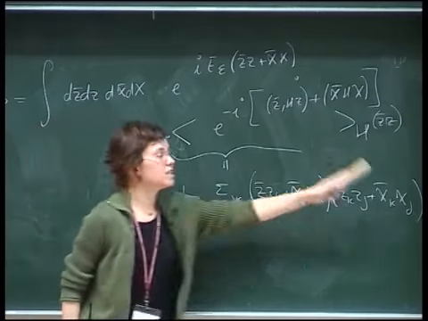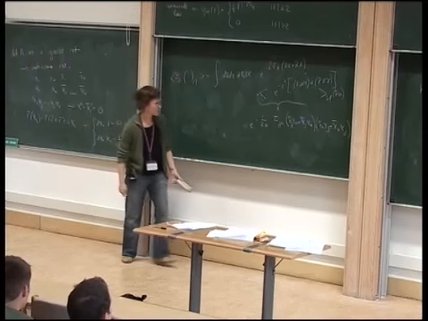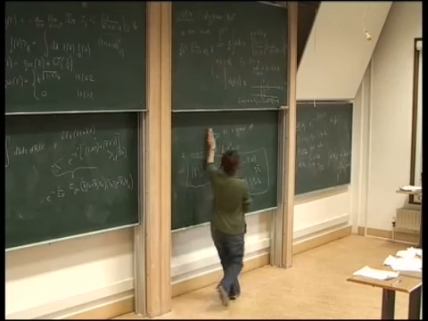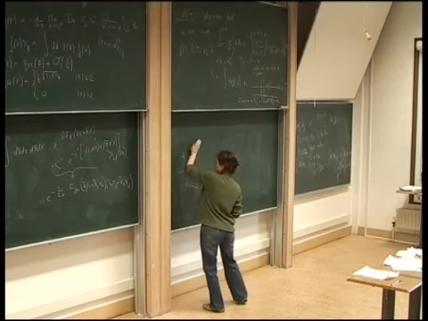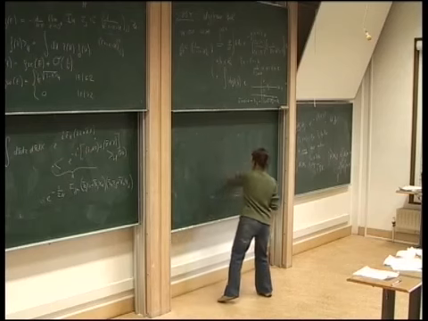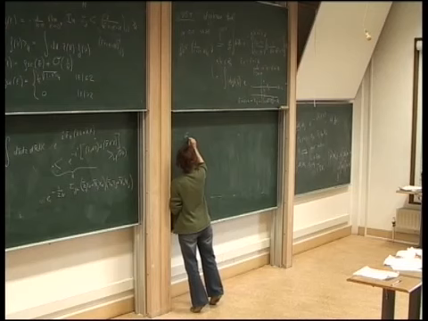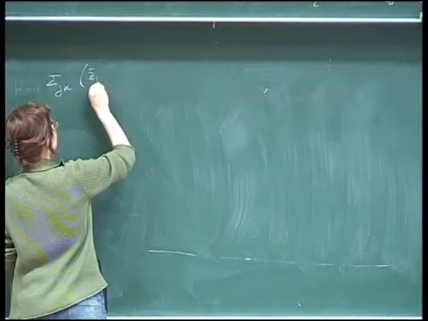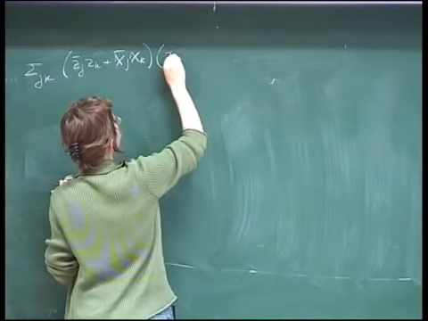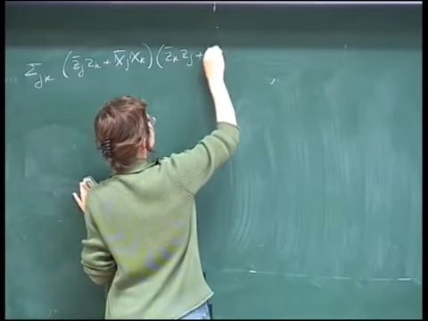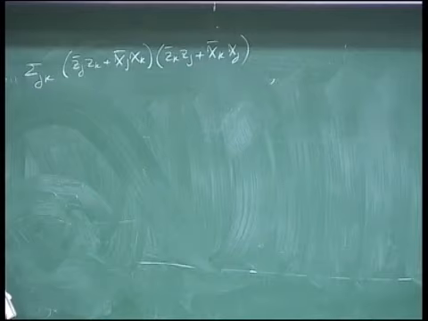We would like to write this as a Gaussian integral over some less variables, if possible. So, where we develop all the terms.